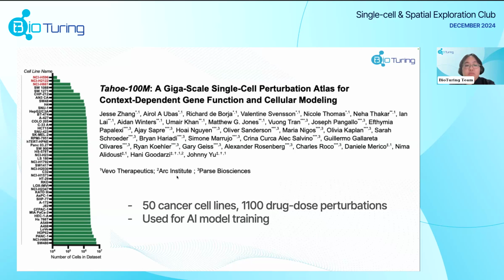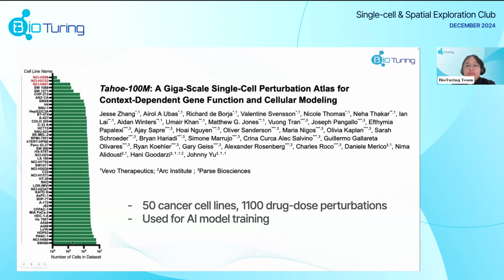The dataset also boasts incredible breadth and depth, covering 50 different cell lines that were subjected to over 1,000 small molecule perturbations. And this allows us to study how these perturbations affect gene function in a multitude of cellular contexts. And essentially, this dataset is a very powerful tool for unraveling some fundamental principles of gene regulation and network dynamics.